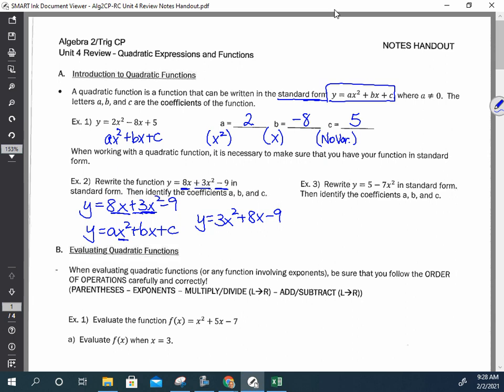So that's your rewrite. And then you answer the question. It told you to identify A, B, and C. So A is 3, B is 8, C is negative 9.